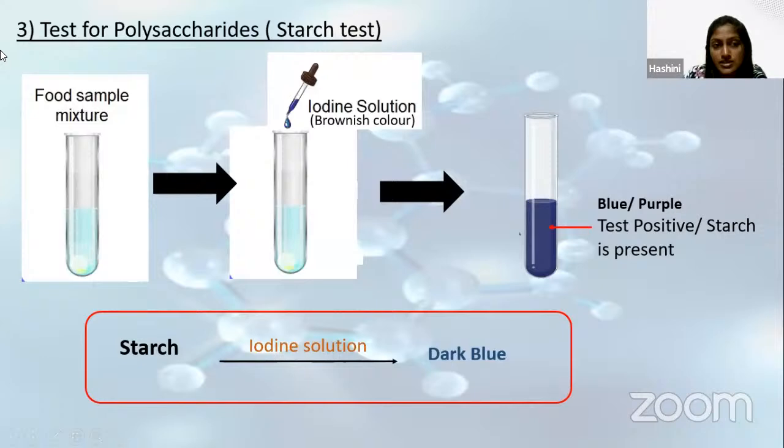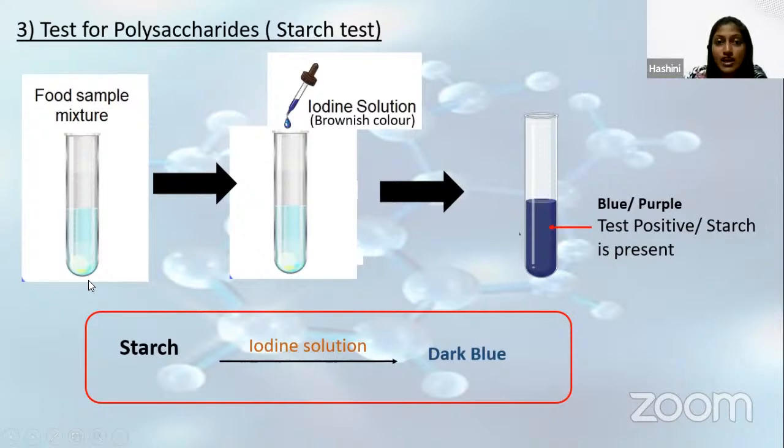So we dissolve this food sample in hot water, and by using a filter paper, we have to filter this food, right? So ultimately, it will give a colorless filtrate, right? So this is the filtrate, it is colorless.